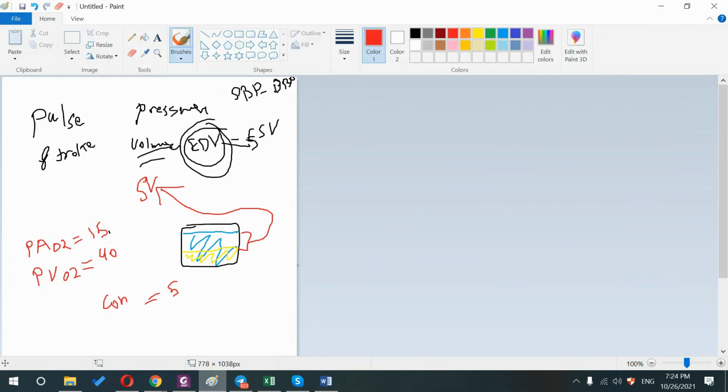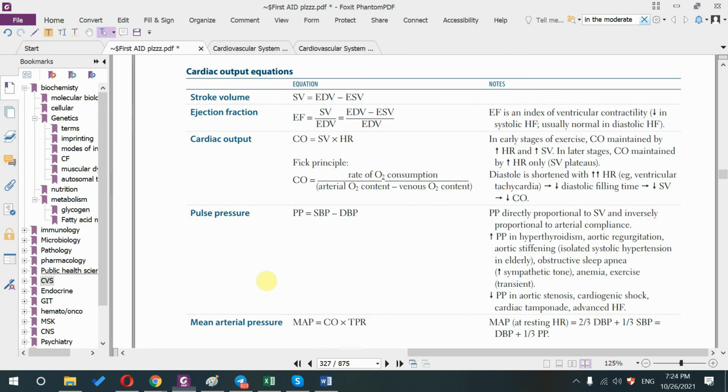So in reality, the calculation will be 5 divided by 40 minus 15. That will be 5 divided by 25. That will be 1/5. Okay? 1/5 will be your cardiac output. Just like an example. It's not like your cardiac output cannot be 1/5.